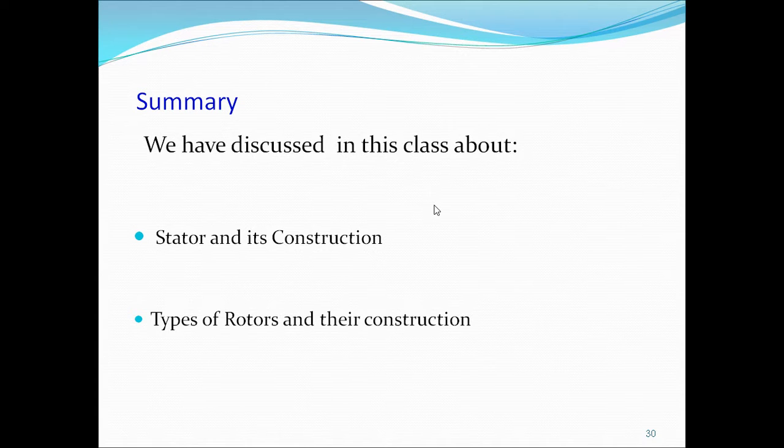Another one is non-salient, used for high speed, that is 3000 and 1500 rpm, and it contains 2 or 4 poles, used with steam turbines.